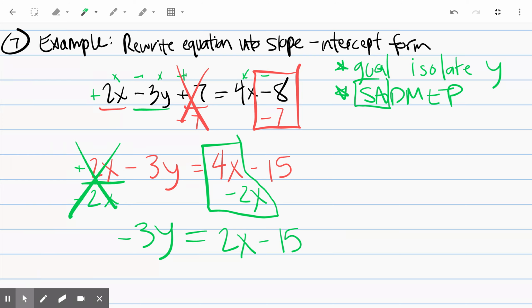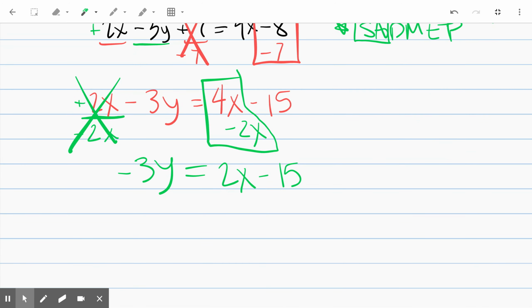Okay, one more step, you guys. We want to get y by itself. Right now, it is being multiplied by negative 3. So to undo that multiplication, we're going to do the inverse operation, or the opposite thing, which is divide. So we're going to divide by negative 3. Keep in mind you have to keep that negative, the negative with the 3, or you're going to have an extra step.